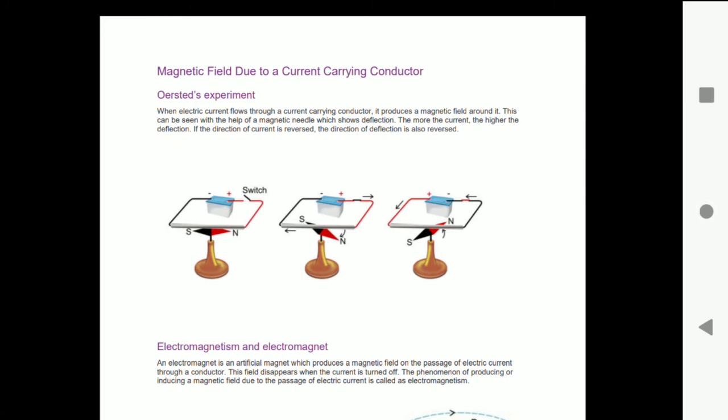The electric motor, electric generator, telephone and radio all utilize the magnetic effect of current. The magnetic effect of current is also called electromagnetism, which means generating magnetism with the help of electricity.